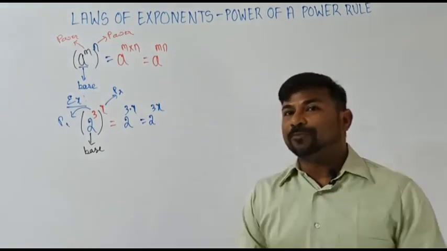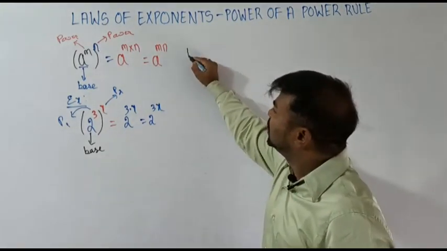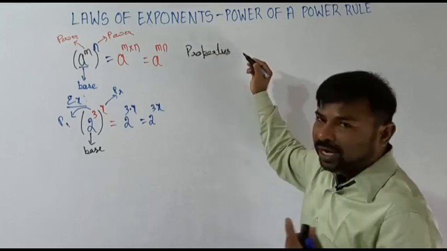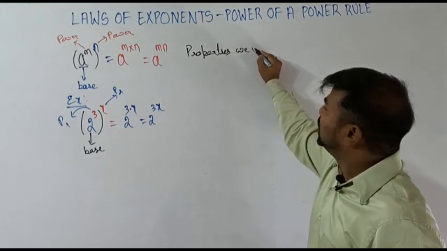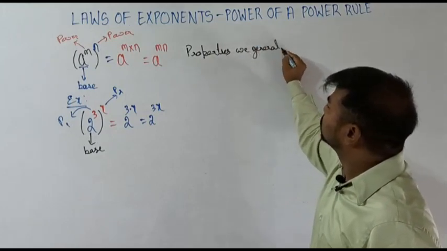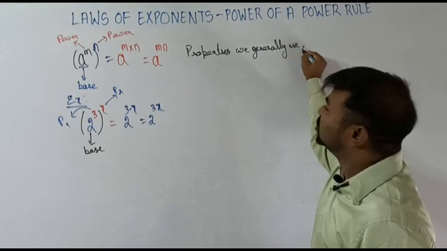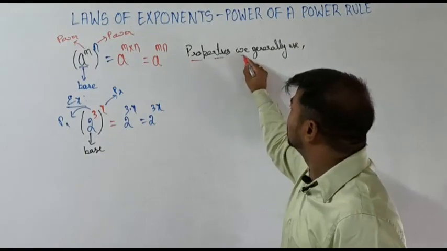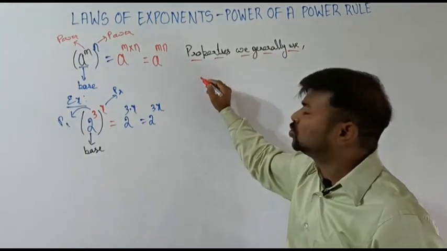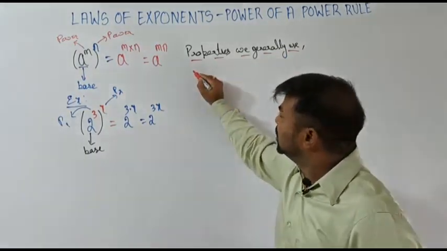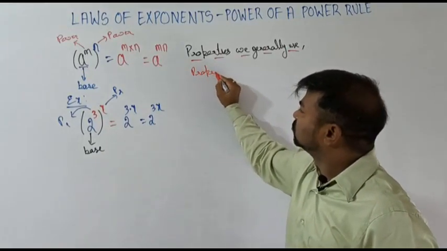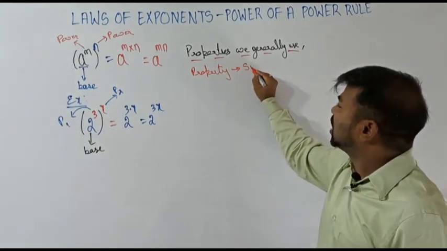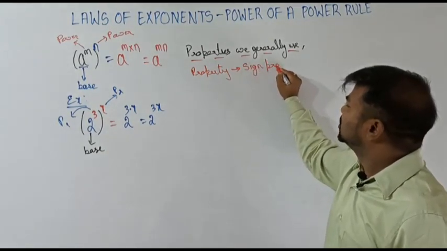But now I'm going to discuss the properties we generally use while dealing with this one. The first property we are supposed to remember, property 1, is nothing but the sign product. What is the sign product?